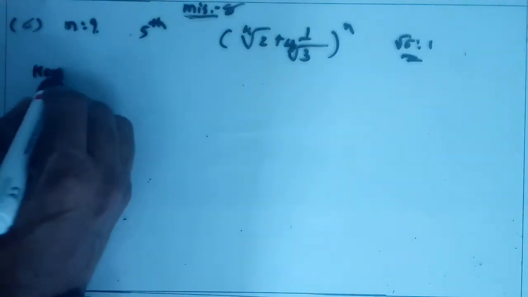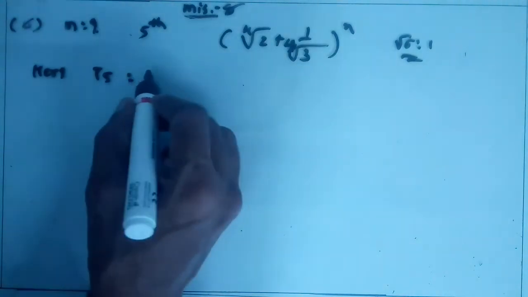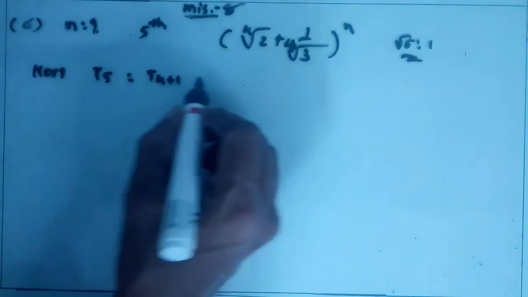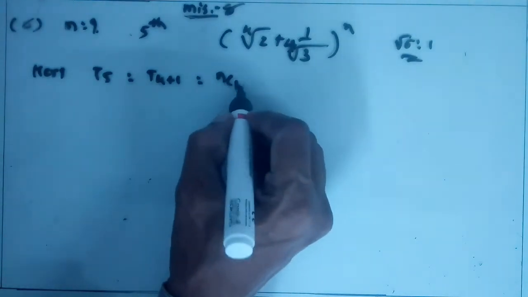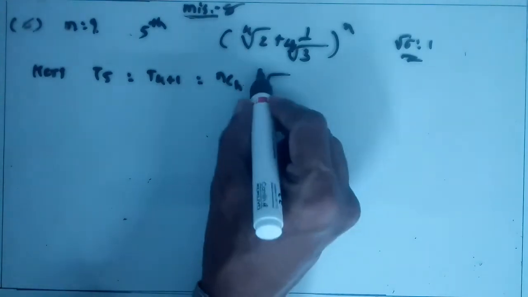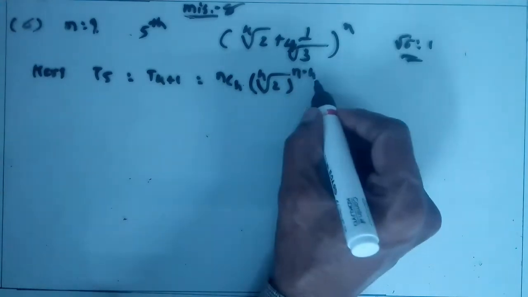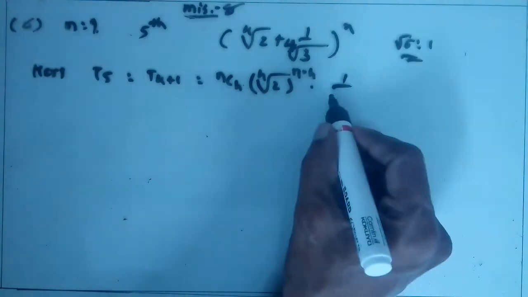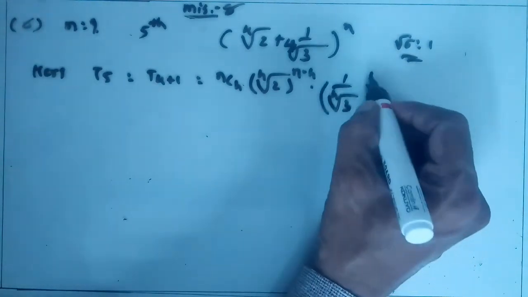Here T5 is equal to T4 plus 1 is equal to NC4 fourth root of 2 raised to n minus 4 and 1 upon fourth root of 3 raised to 4.